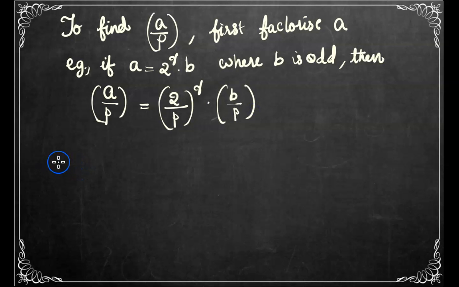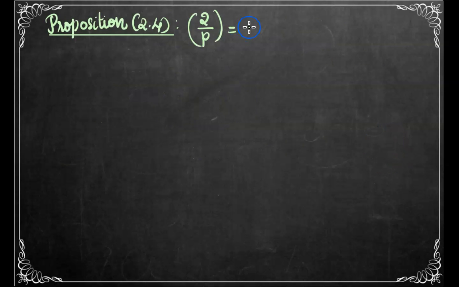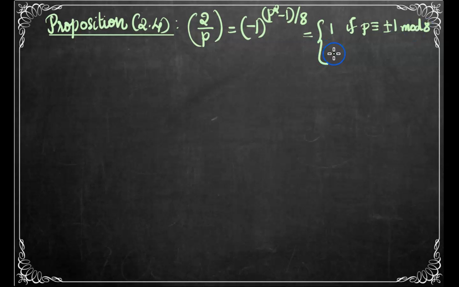To evaluate the right side, first we will show how to evaluate the Legendre symbol (2/p). The Legendre symbol (2/p) is evaluated in this proposition as (-1)^((p²-1)/8), which will be equal to 1 if p is congruent to plus or minus 1 modulo 8 and equal to minus 1 if p is congruent to plus or minus 3 modulo 8.